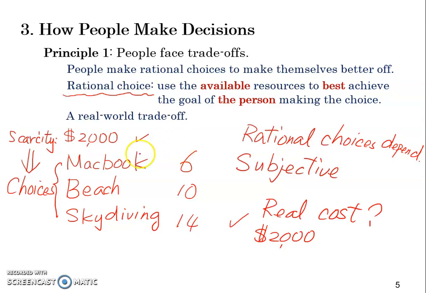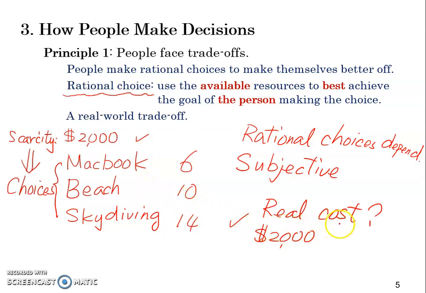So for example, if your first best choice is to go skydiving and your second best choice is a vacation on the beach, when you have $2,000 and you decide to go skydiving, that means you have to give up the vacation on the beach or the purchase of a MacBook, right?